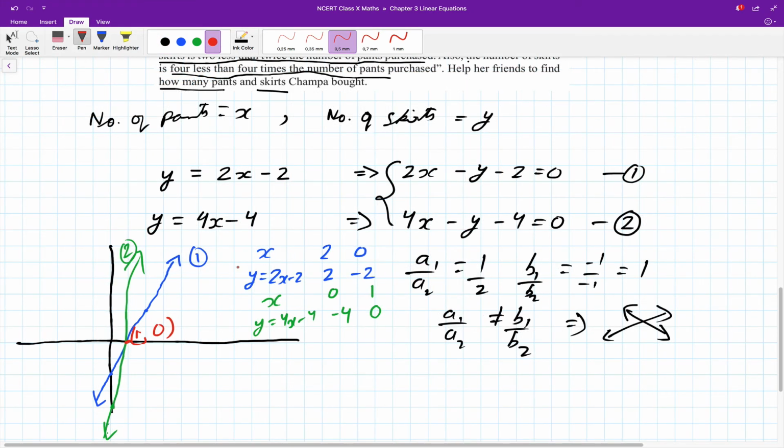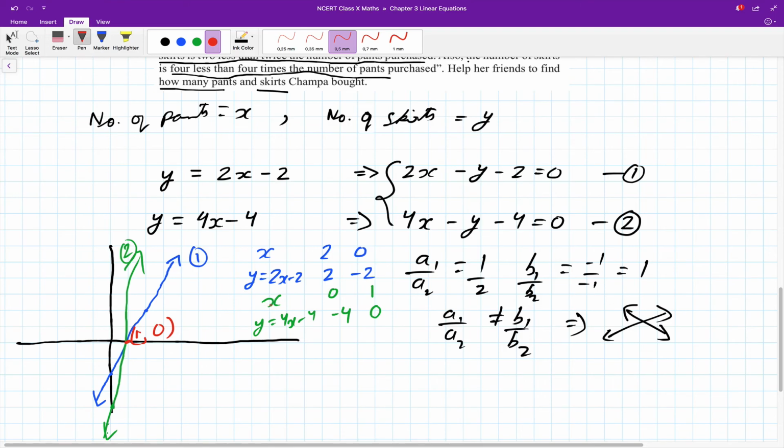Okay. So if we use our previous knowledge of how we plot lines, for the first equation, y is 2x minus 2, so take one point: if you put x as 2, you get y as 2, and with x as 0, you get y as minus 2. So the first point is 2, 2, and the second point is 0, minus 2. You just join these 2 points and you get your first straight line.